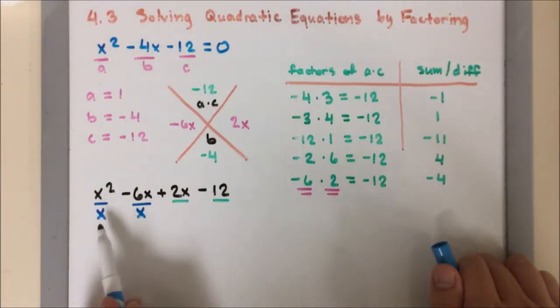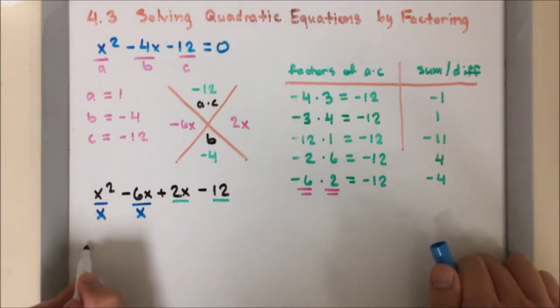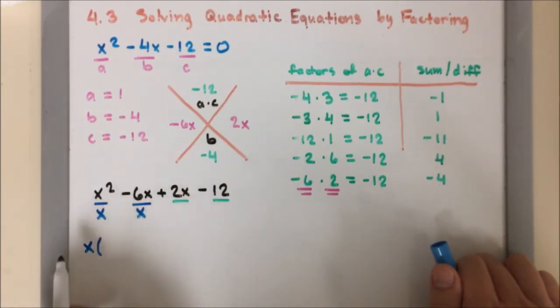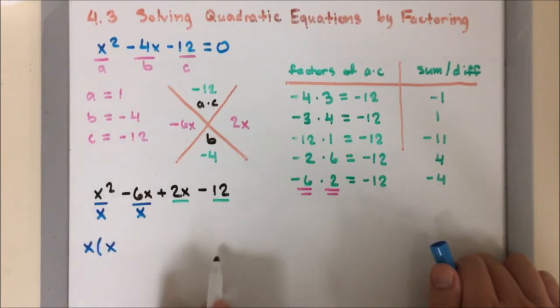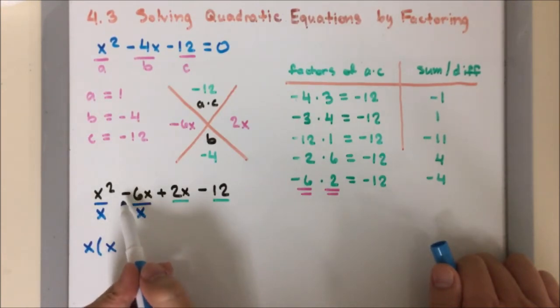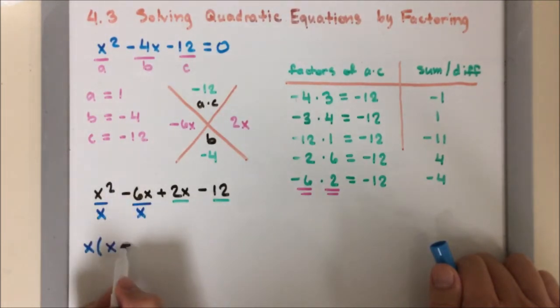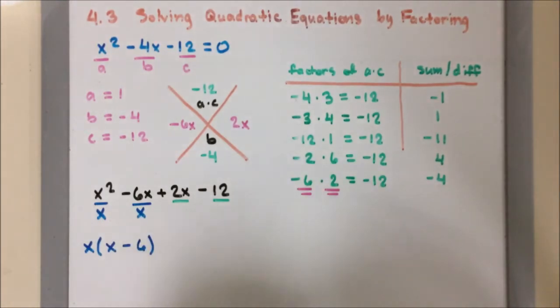So when I factor out my GCF, which is the x, I'm going to put the GCF outside the parenthesis. Now the first part, x squared divided by x is x. Then negative 6x divided by x will be negative 6 or minus 6, and I'm going to close parenthesis.